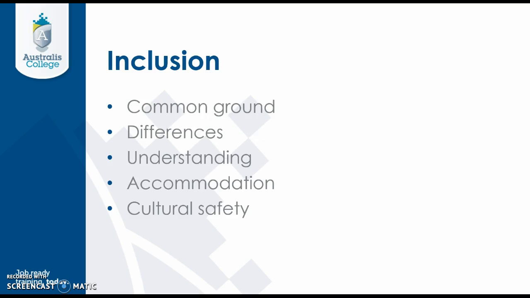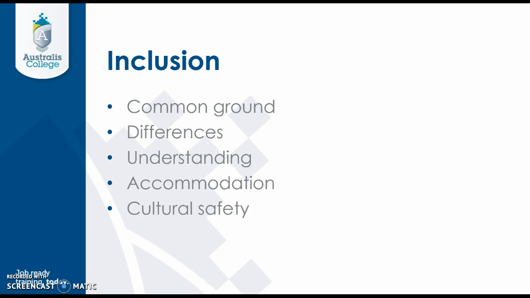So the last one we look at is inclusion. Inclusion is a combination of actions or strategies with the goal of ensuring that all individuals feel that they have the opportunity to express their views, make contributions, and are treated fairly. So it's quite a wordy definition. The main thing to remember is that inclusion is more of a verb.